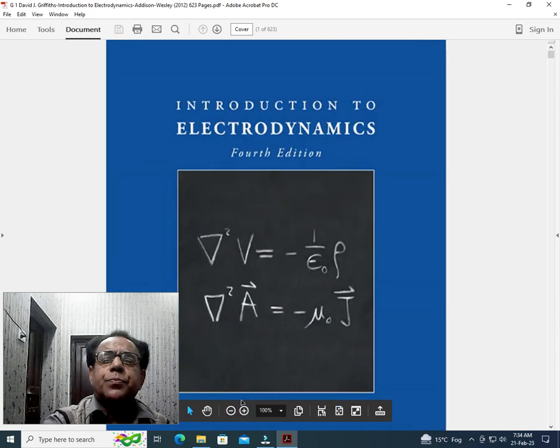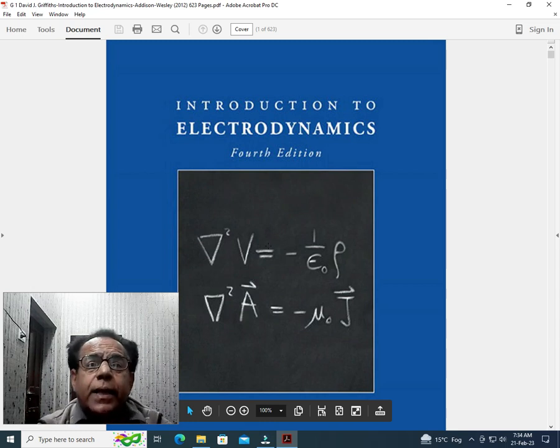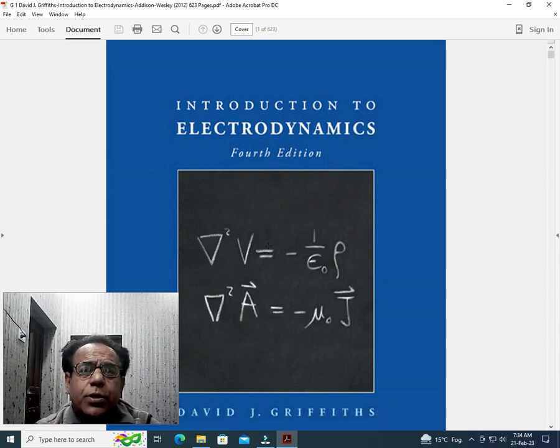This writer has written several other books too, like a book on quantum mechanics, a book on elementary particles, and a general physics book, but its name is perhaps Physics of the 20th Century. That is a small size book but very important.